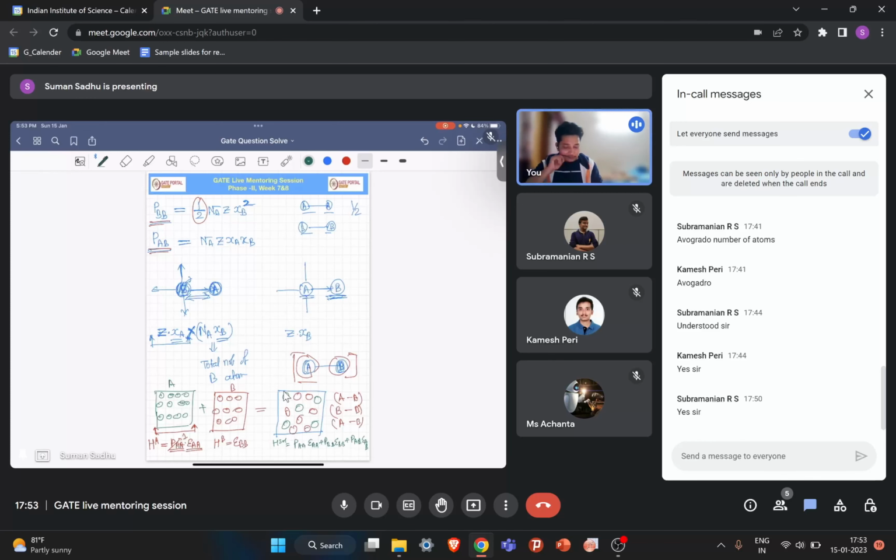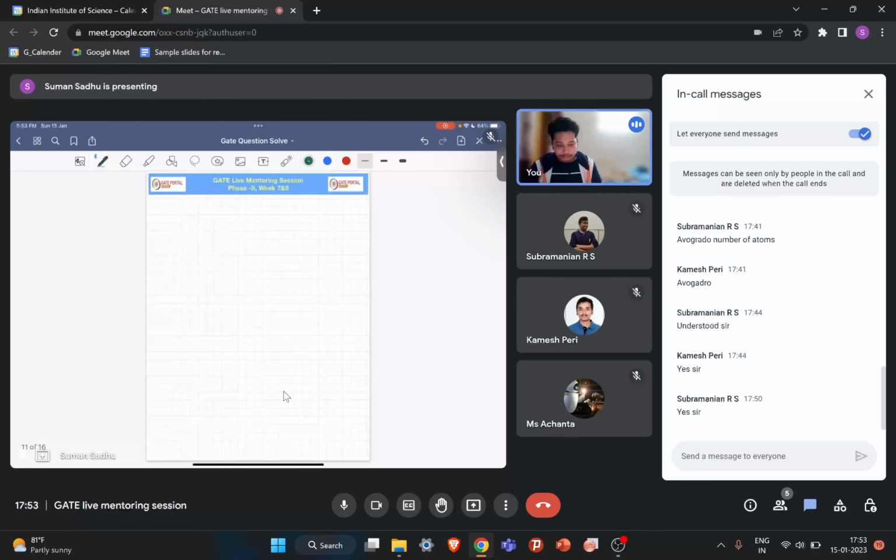Then what is the enthalpy change when the solution is forming? The enthalpy change is delta H of mixing. We can write it as H of solution minus H of A plus H of B, right?